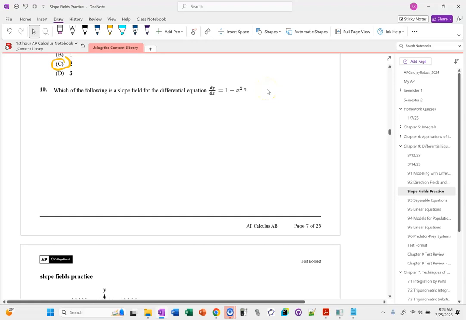All right. Which of the following is a slope field for the differential equation 1 minus x squared? So what can we say about 1 minus x squared? What are we going to be looking for in the slope field?